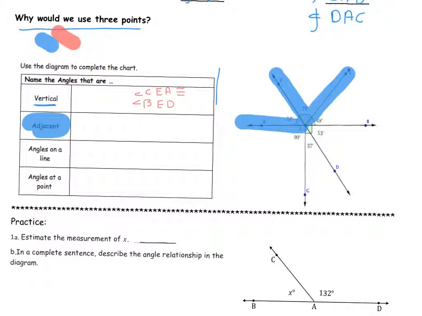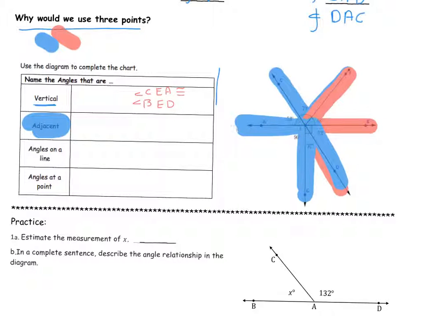CAF would also be adjacent with BED. And BED would also be with this one right here. So anytime they share sides, they're adjacent.